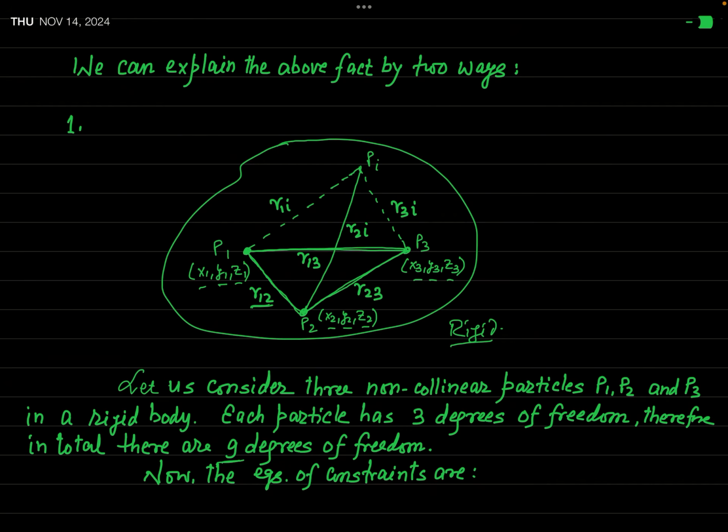And you have definitely studied in your course on mathematics a very important chapter, coordinate geometry, where you learn about the distance formula. So utilizing the distance formula, you can find the values of R12, R23 and R13 if you know the coordinates of points P1, P2 and P3.